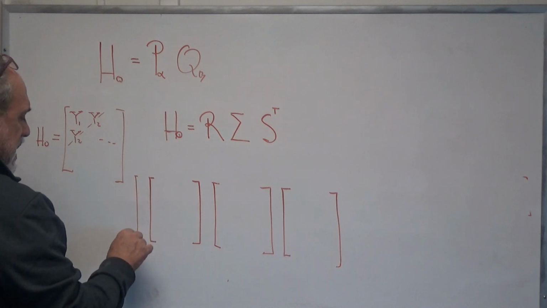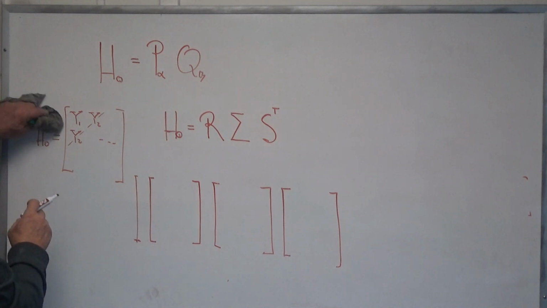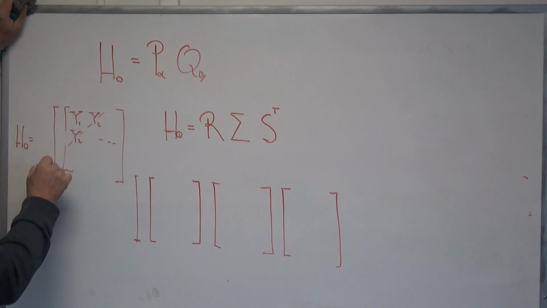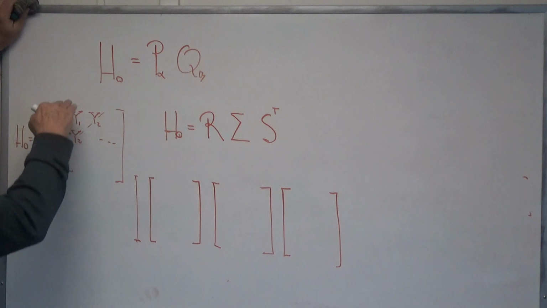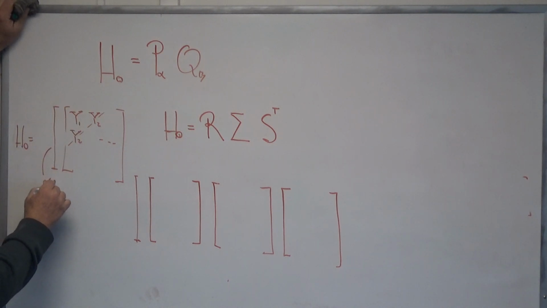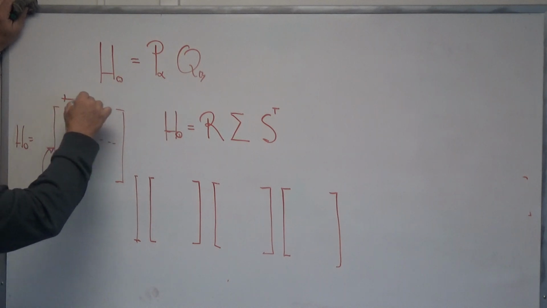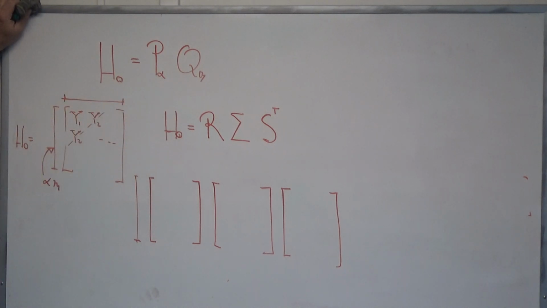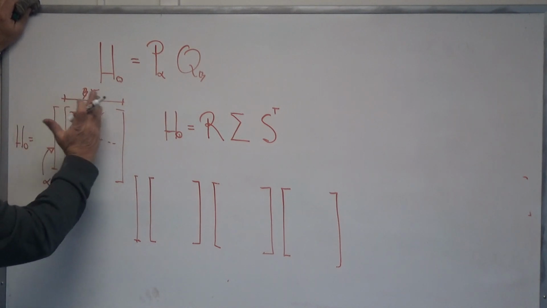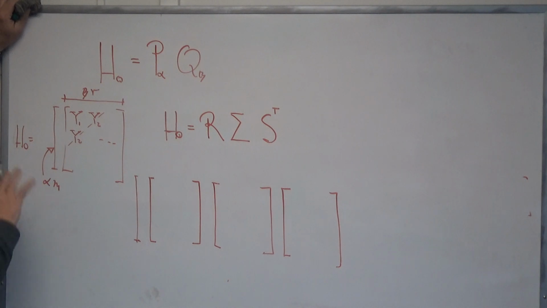This is H0. How many rows are there here? We said there were alpha, and each of these has M outputs, so this is alpha M rows, right? And how many columns are there here? Beta times R, right? Because each one of these has R inputs. Remember, these are not observer Markovs, these are the Markovs themselves. So we have alpha times M rows, beta times R columns.